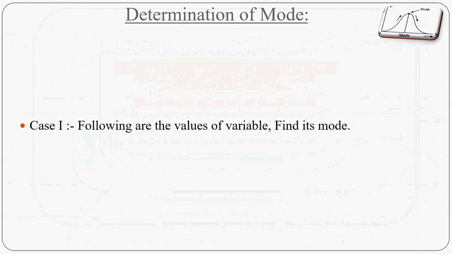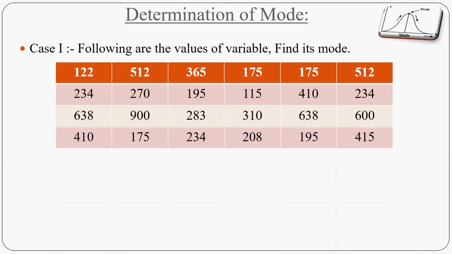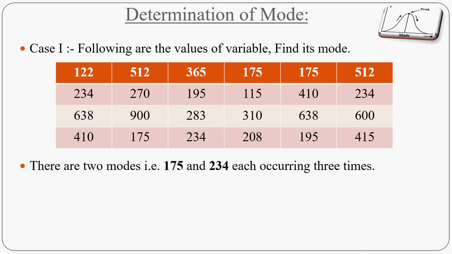So let us see, the following are the values of a variable. You need to calculate the mode. Can you determine the mode in this regard? Yes, dear students, it is very easy. Can you give it a try? Yes, there are two modes in this case. We can see 175 as well as 234, each occurring 3 times.